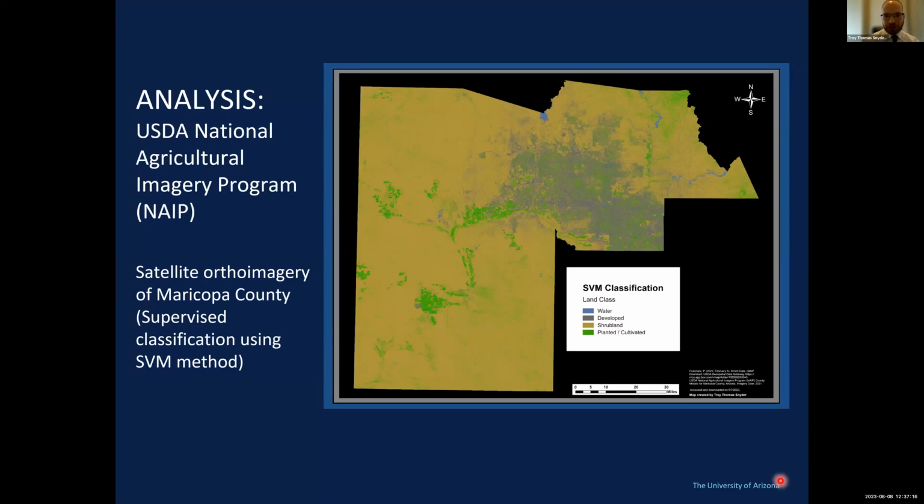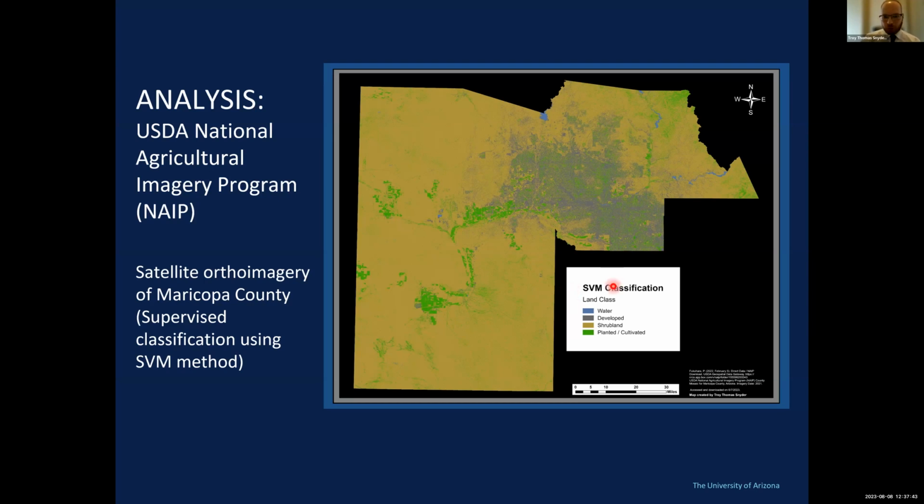Okay, and then this is my classification that I did, the supervised classification using support vector machines of that ortho imagery. How this works is there's a tool in ArcGIS Pro called the classification wizard, and you can train it to identify areas based on development or based on what they look like.